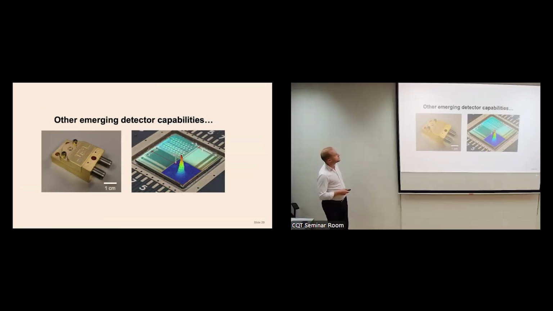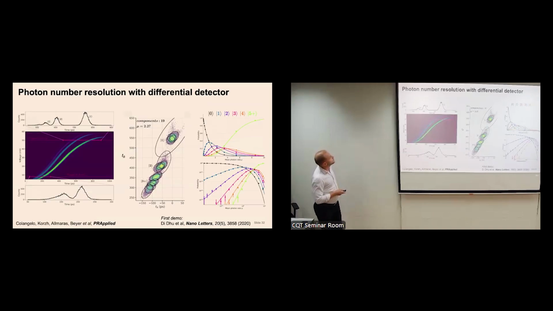So switching gears a little bit, I really want to talk about these emerging applications of SNSPDs, so that we can start thinking about what we can do and look out for. One thing is photon number resolution.